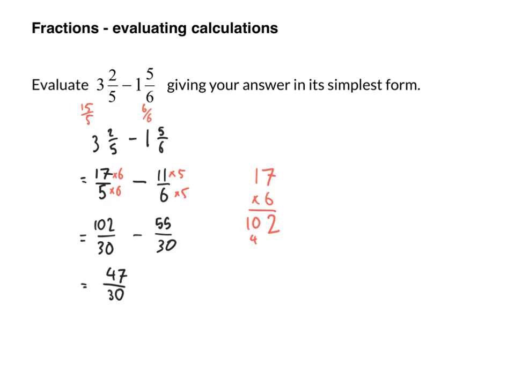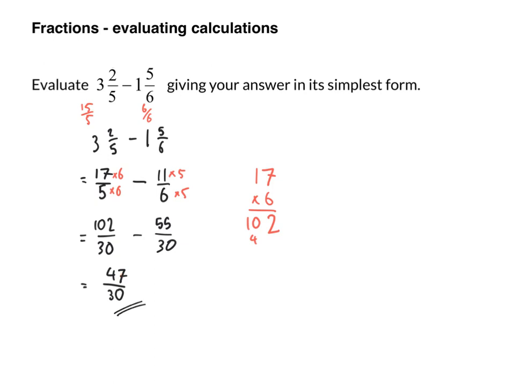Now, the question specifies in its simplest form. So I'm going to check whether or not the top and bottom will divide by the same thing. 47 is actually prime, so, well, anything that divides 30 other than 1 won't divide 47. So these won't simplify down.